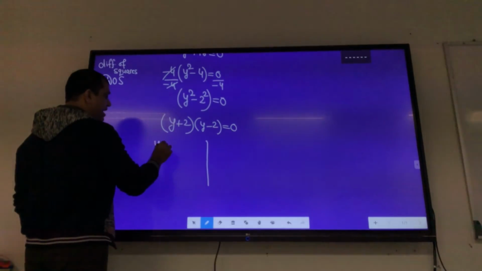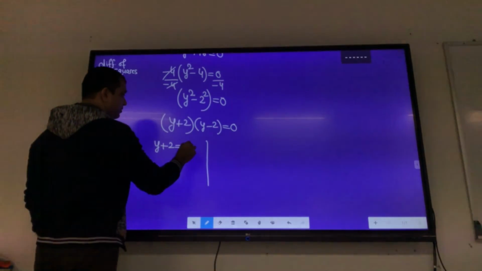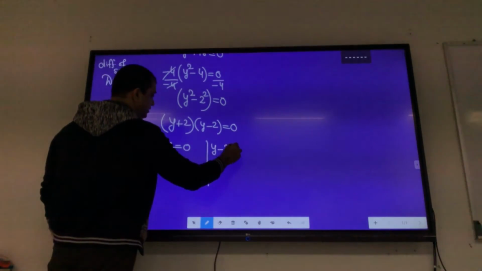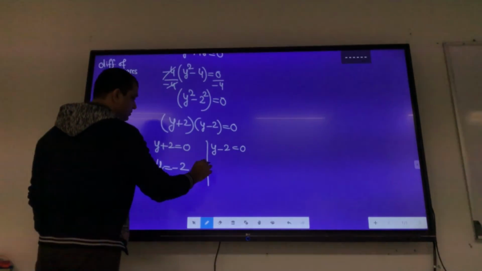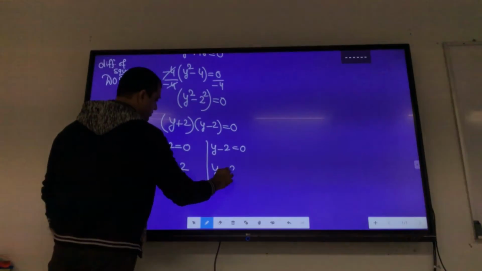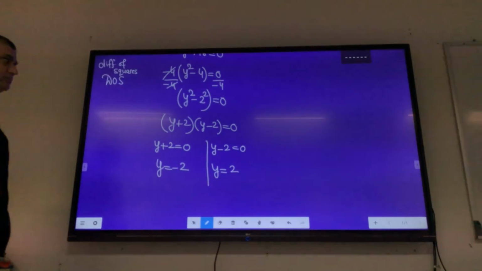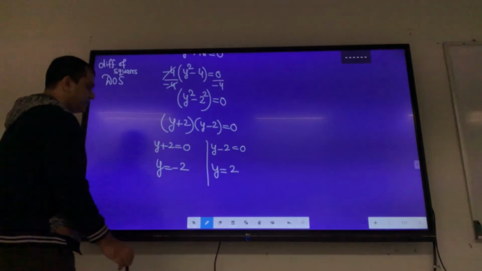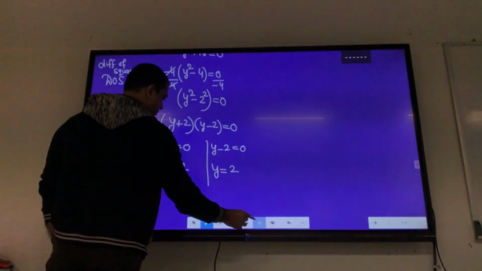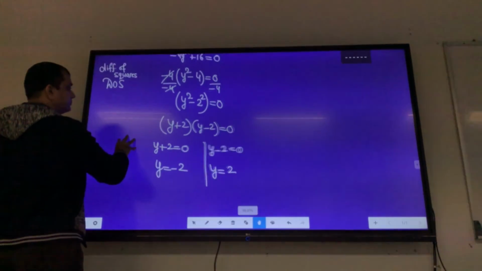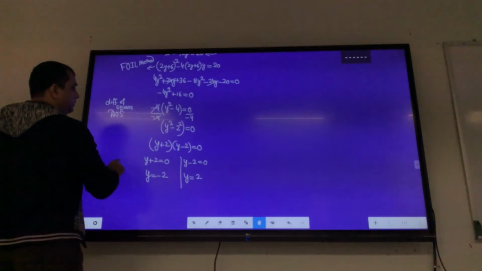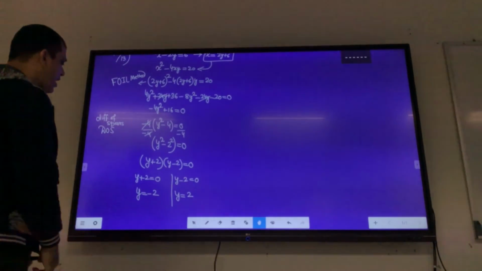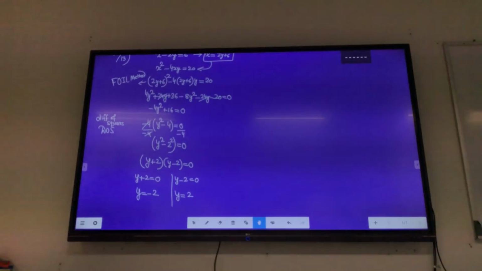So either y plus 2 is 0 or y minus 2 is 0. Either y is equal to minus 2 or y is equal to 2. Clear?